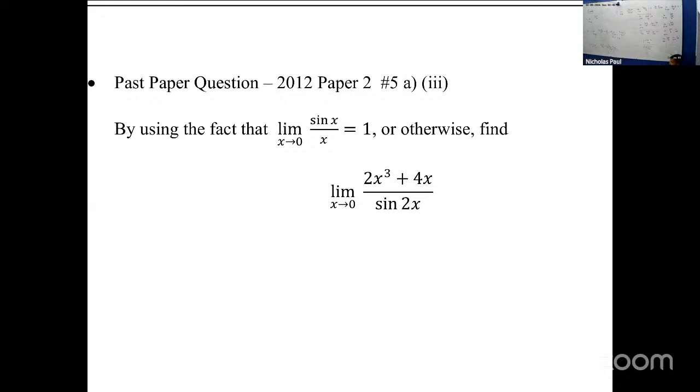The answer is two. Right, so next, we have no class next week. After that, we run over limits and start first principles.